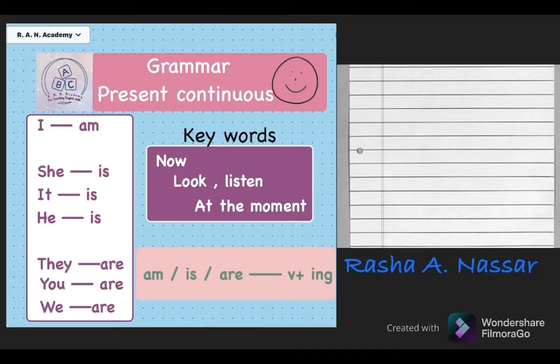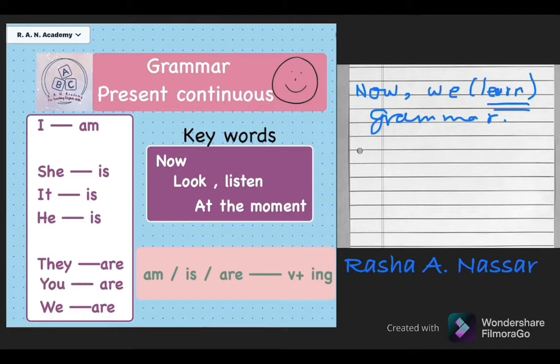So let's write an example. If I write here, now we learn grammar, and I told you to correct the verb.